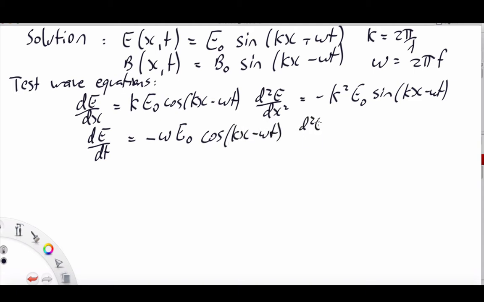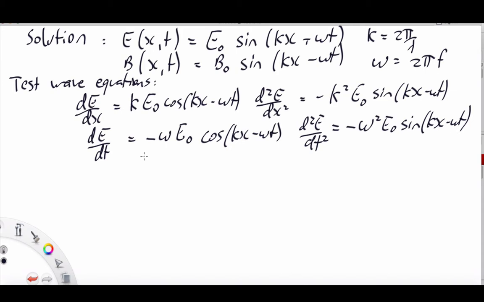And d²E/dt² is going to be again times minus ω, so that would be plus ω², but the derivative of cos is minus sine, so we get minus ω²E₀ sin(kx minus ωt).